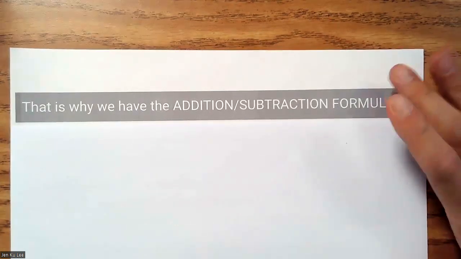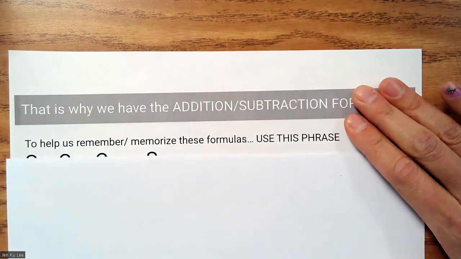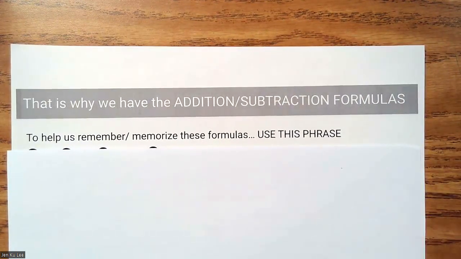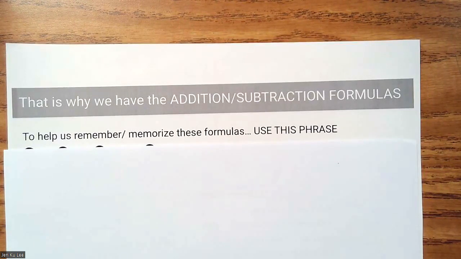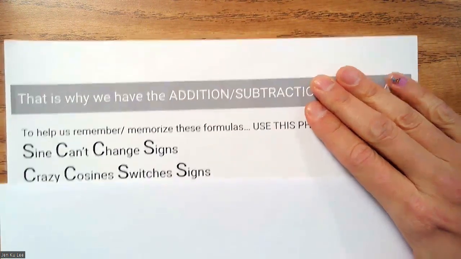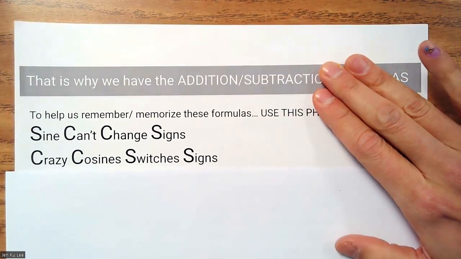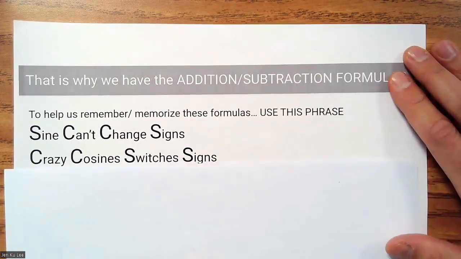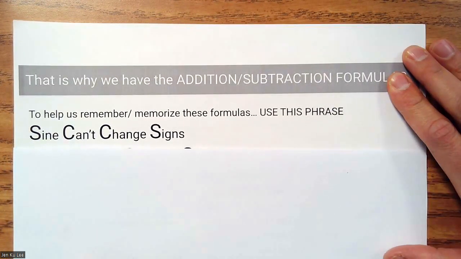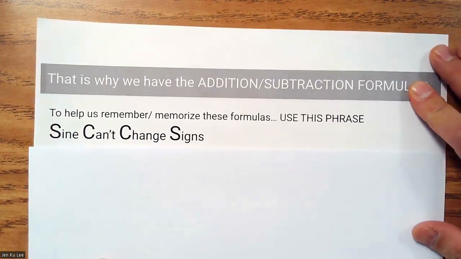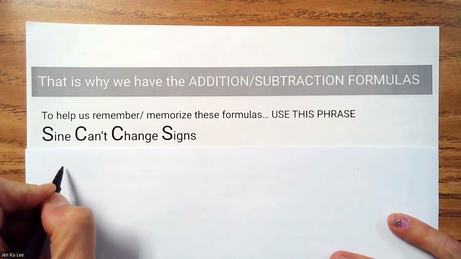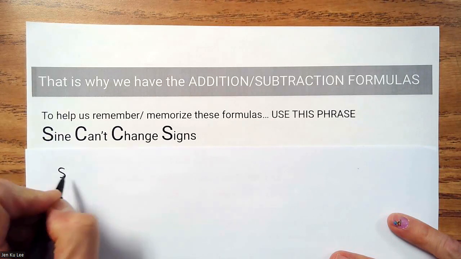To help us memorize these formulas, we're going to memorize these two phrases: sine can't change signs, and crazy cosine switches sign. To work with the first one, sine can't change signs, that phrase is talking about the addition and subtraction formula for sine.